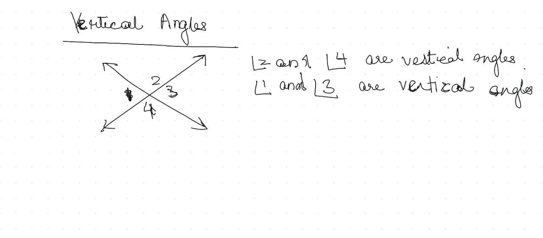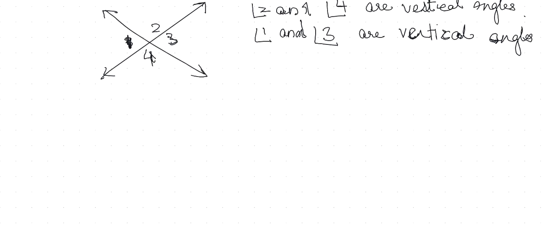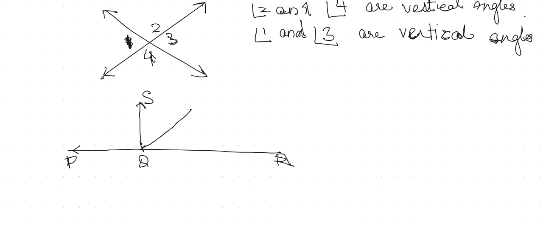So if a diagram is given to you, what things can you assume and what things can you not assume? Suppose this is P, this is Q, this is R, this is S, and this is T. We can assume that all points are coplanar.